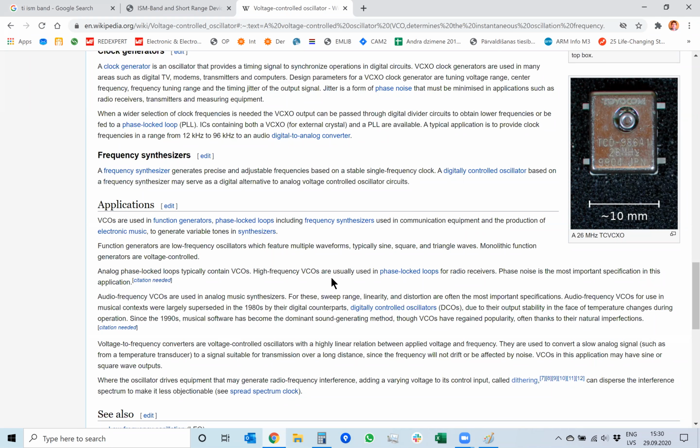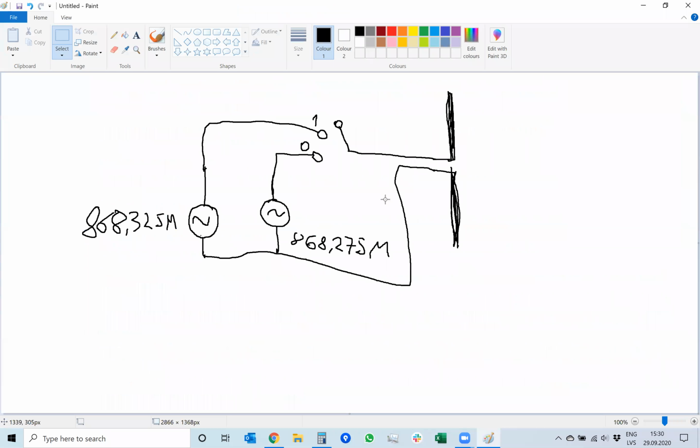So you apply high voltage, its capacitance goes down and starts to oscillate faster. And if you reduce the voltage, the capacitance goes up, it starts to oscillate slower, and it is fed into an amplifier and transmitted in the air.